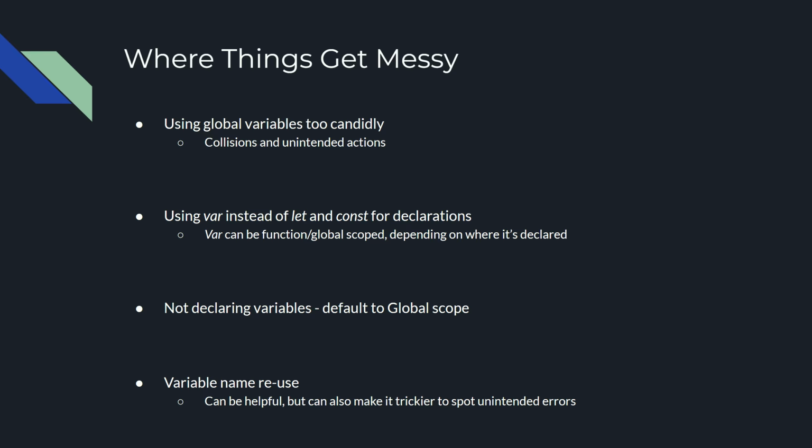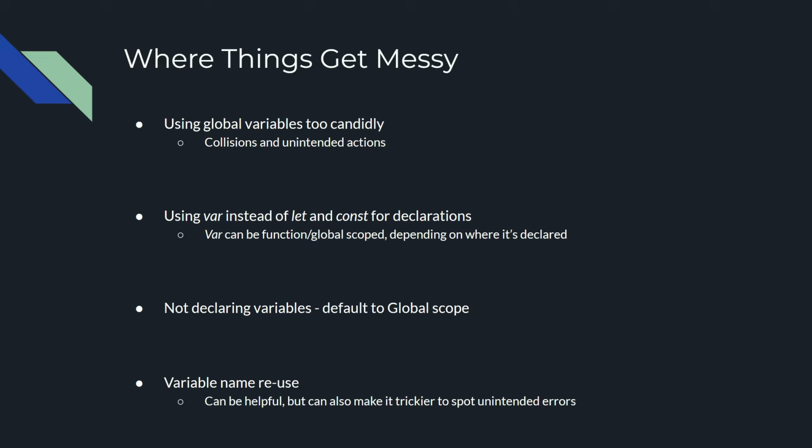Var is kind of outdated. Var can be function or global scoped depending on where it's declared. But var isn't able to be block scoped. So if you have a block scope and you use var inside of it to declare a variable, that variable is basically global scoped. So you can use it anywhere whether you intend to or not.